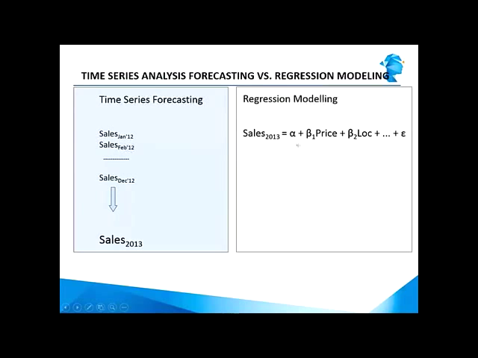To predict the sales of 2013, we would perhaps need other variables like price, location, etc. But for time series forecasting, all we need are the sales figures, the sales dollar amounts for 2012, and just based on that one variable, we can predict the sales dollars for 2013. So when we only have one variable, most likely our method of choice to forecast would be time series forecasting.